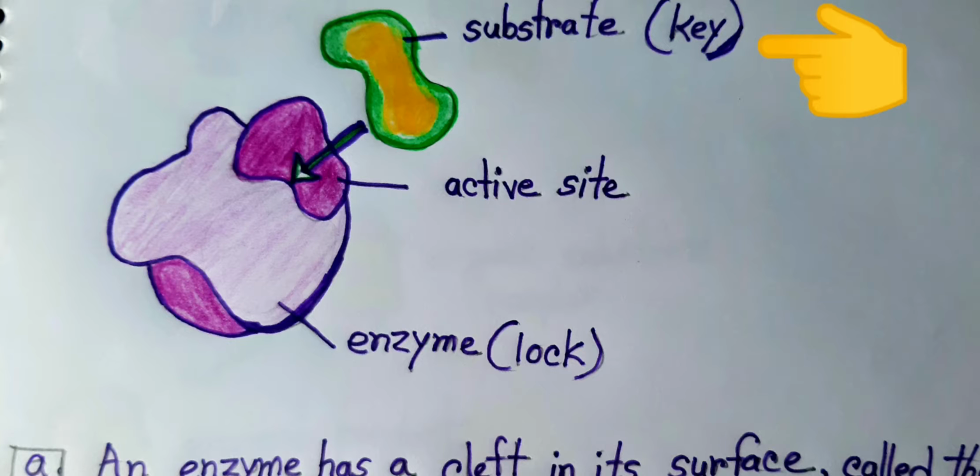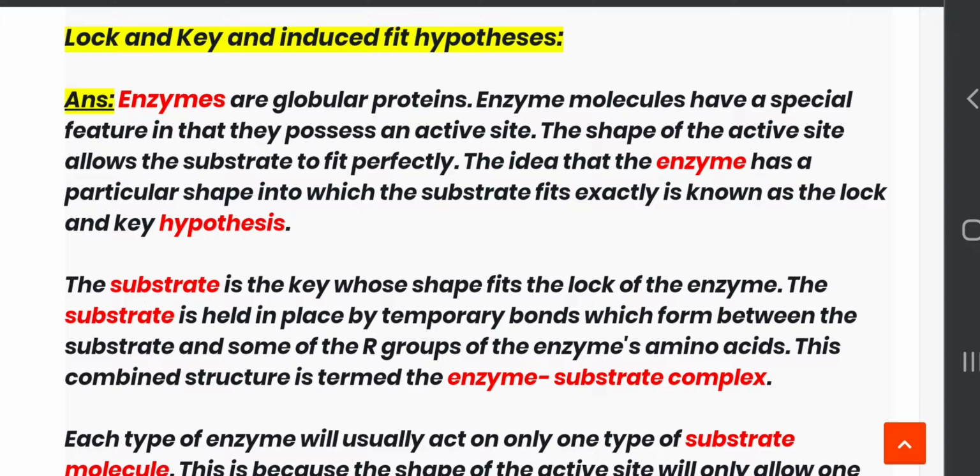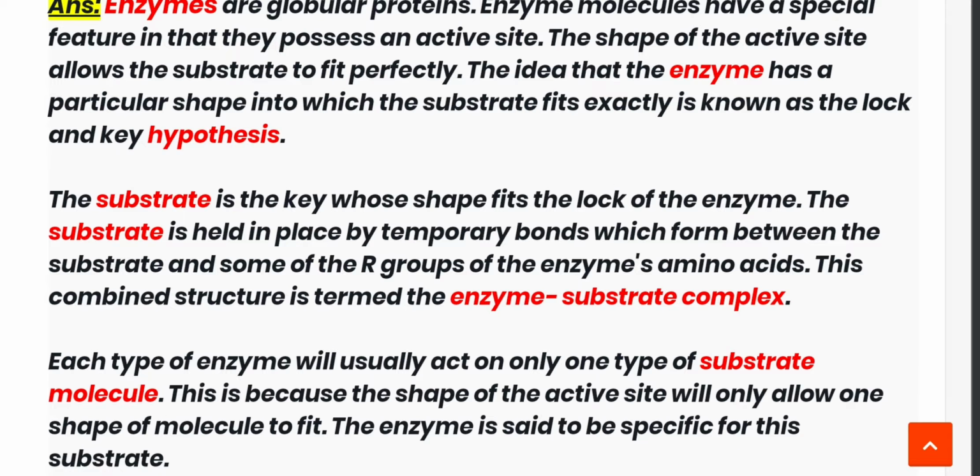So what is a substrate? The substance on which enzymes act is called the substrate, for example starch, protein, fats. The substrate is the key whose shape fits the lock of the enzyme.